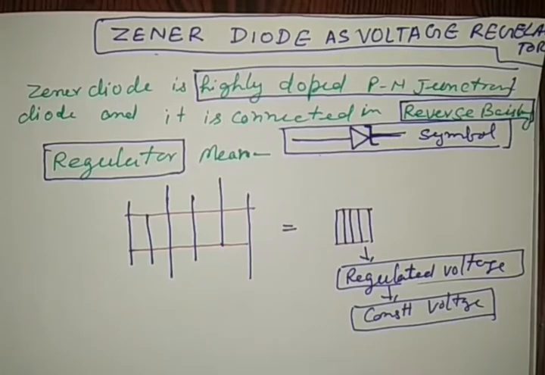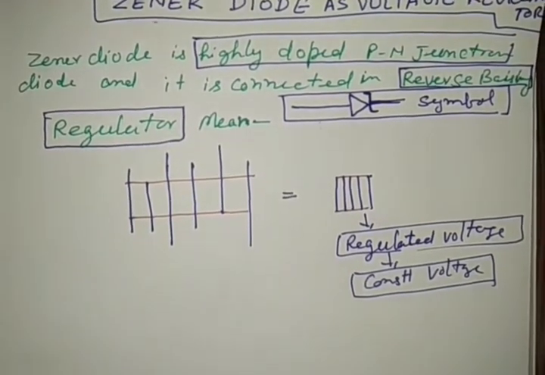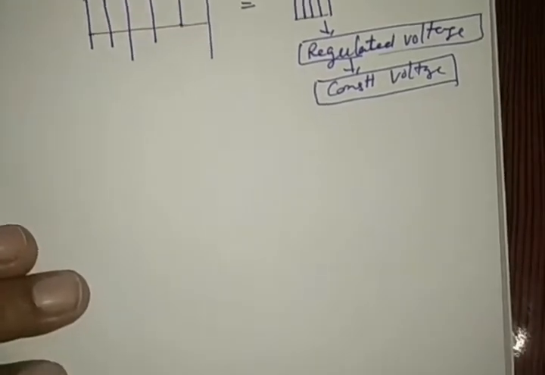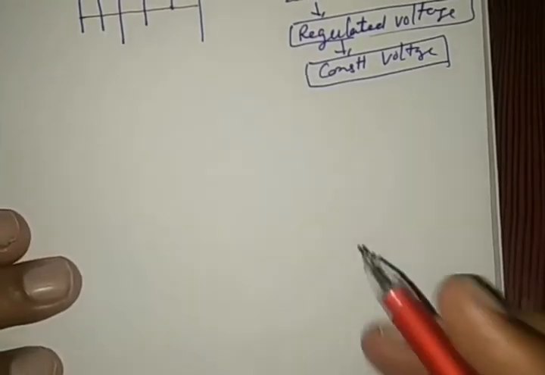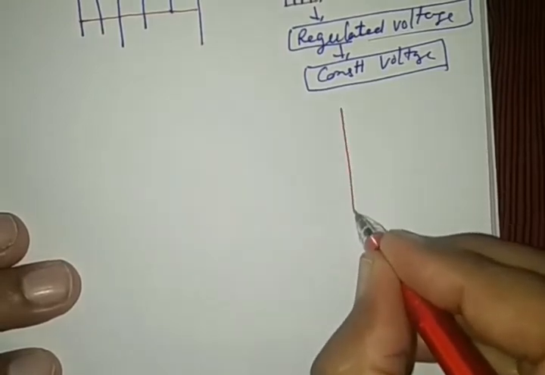The concept of regulation can also be understood with one more example. This example helps a lot to understand the fundamentals. Consider a capillary tube.